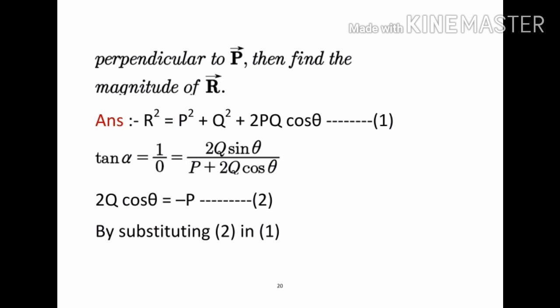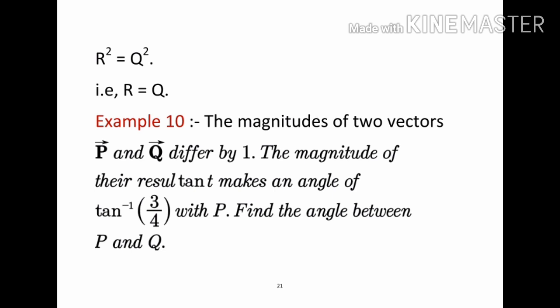So from that we can get 2q cos theta is equal to minus p. That is taken as the second equation. By substituting the second equation in the first equation, we can get r square is equal to q square. That implies r is equal to q.